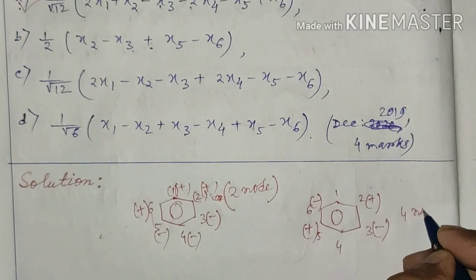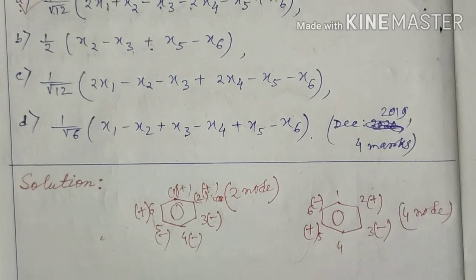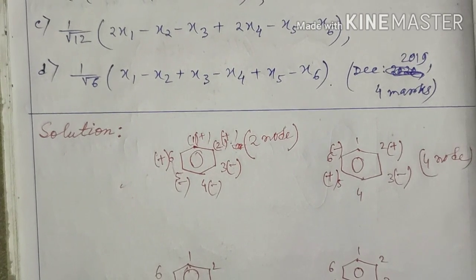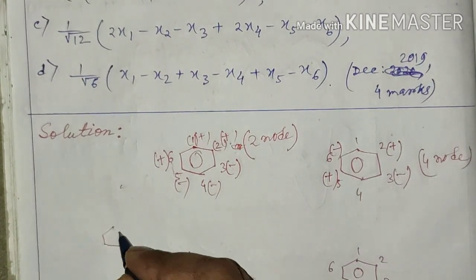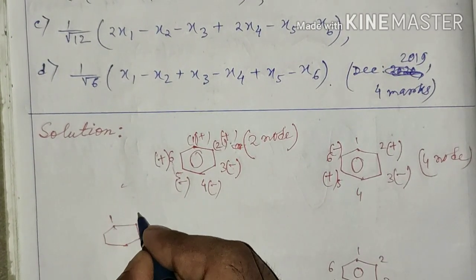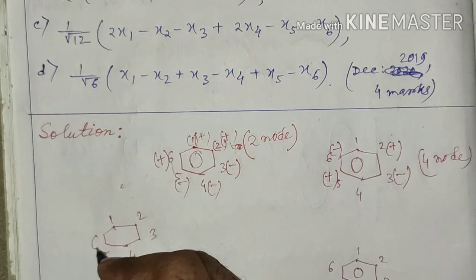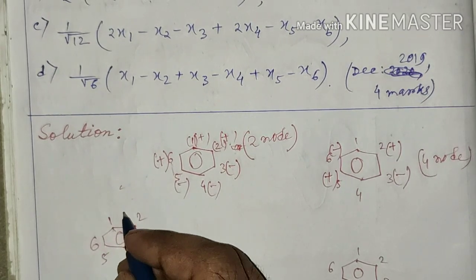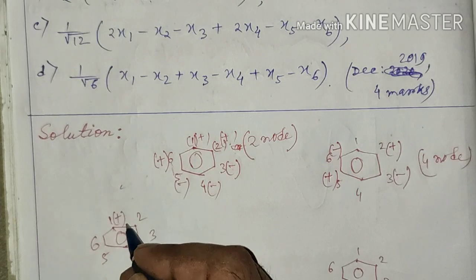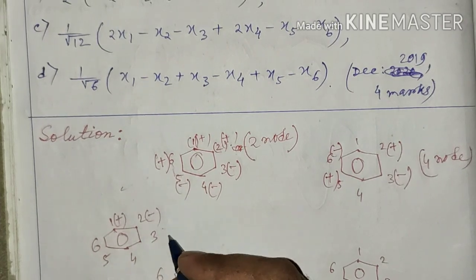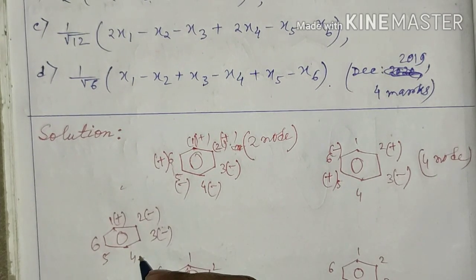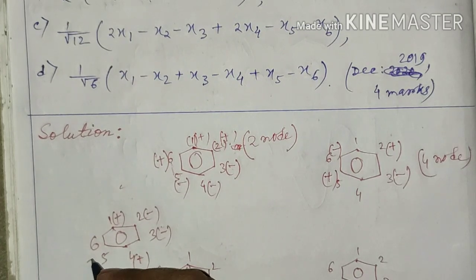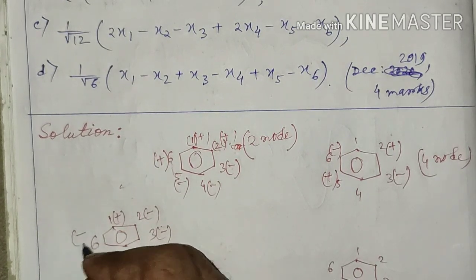It contains 4 nodes. For option C, psi 3 is minus, it is minus, it is plus, psi 5 is minus, psi 6 is minus.